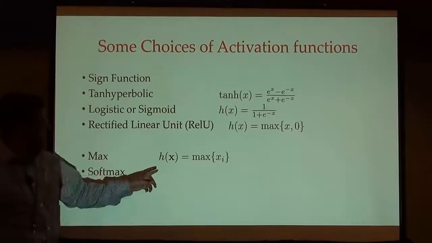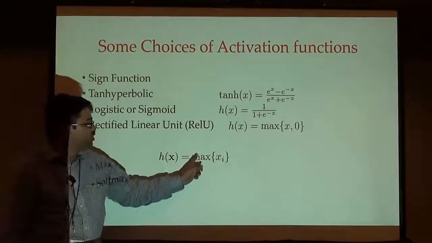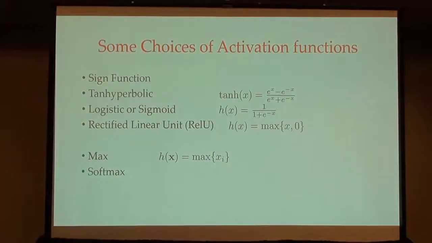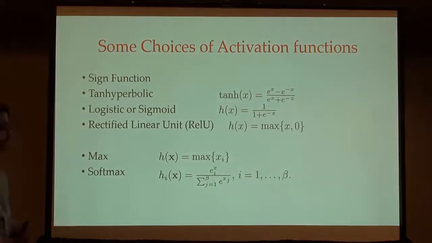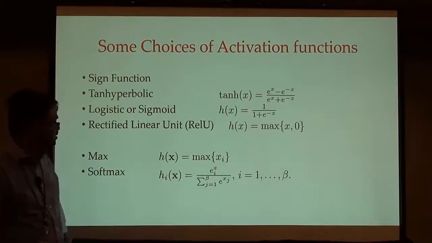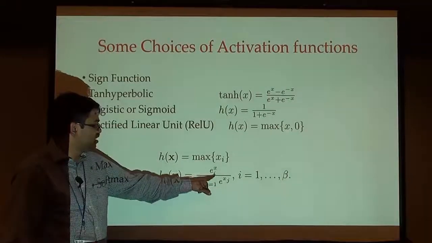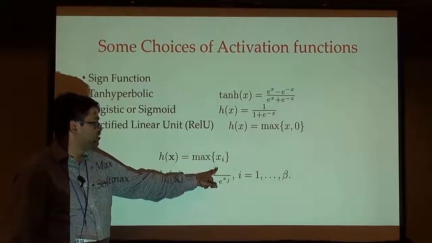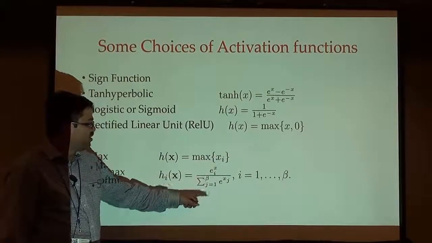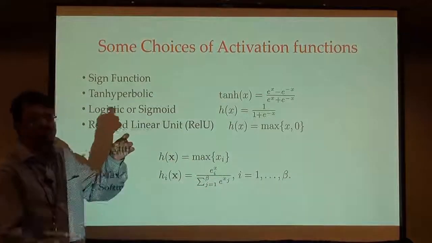This one, max, has a vector input. All of these other things are scalar input. This is a vector input, and you are just getting the maximum out of all the components of the vector. The softmax has a vector input and a vector output. You are getting this x, and I'm missing that the i is not in the right place; it should be the subscript of x. So that is e to the power of x_i divided by this sum. You are changing all these inputs so that it forms a probability distribution.